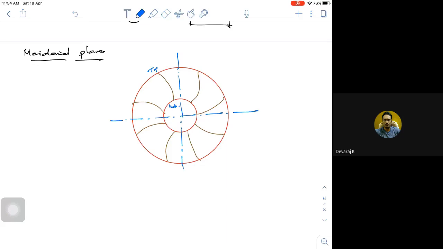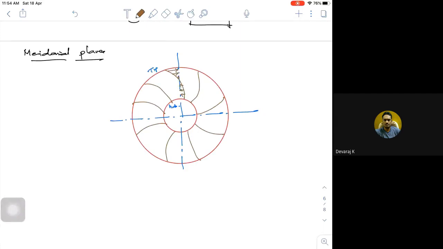What we try to do is this: the blade itself is like this. There is a procedure called circular projection. We try to project it on this plane.